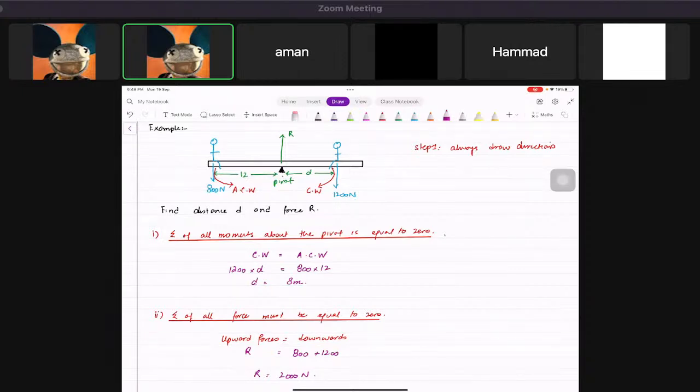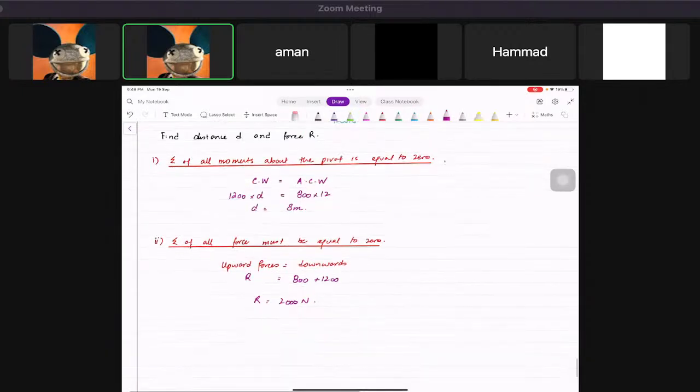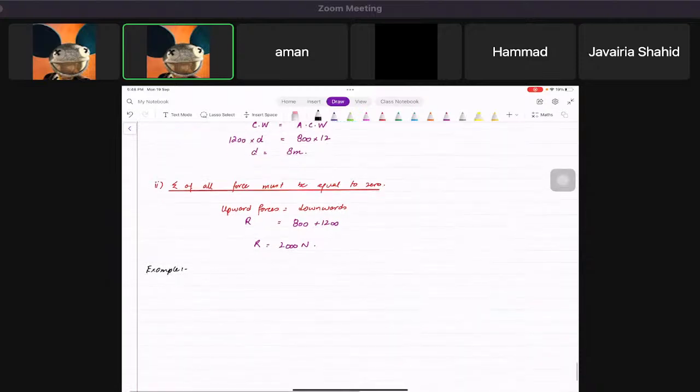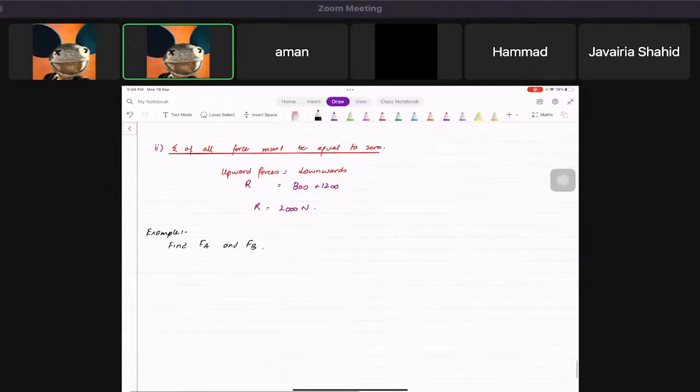Now, the next question is a different one, maybe you haven't done this before. In this question it says find FA and FP. So let me show you how it is. They've given you a plank, and this time there are two pivots.